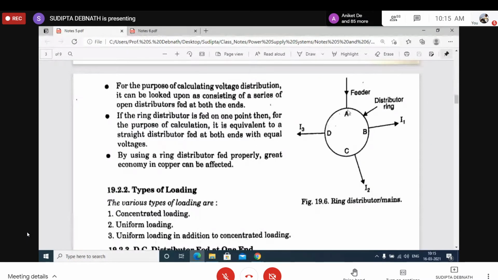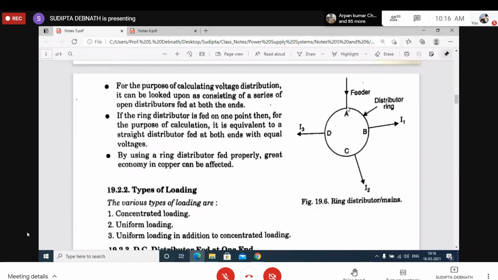Say we consider A, D, C, B and another point, say P. You open this point, point A and point P. But the feeding point will be both at point A and point P. So it will be like a distributor fed at both ends. But as this is a common point, it is fed at both ends with equal voltages.